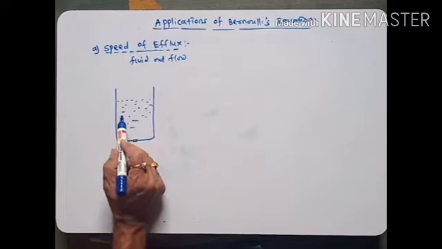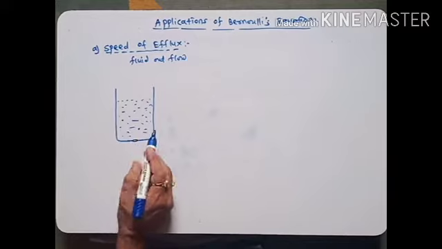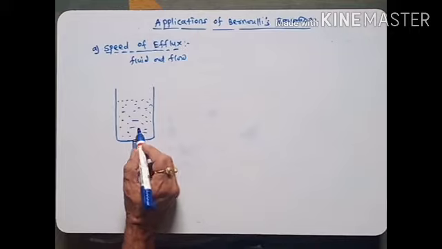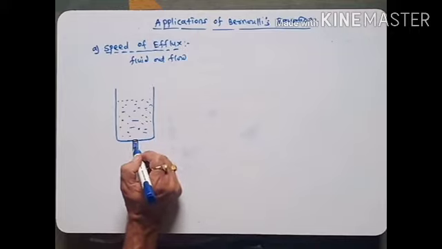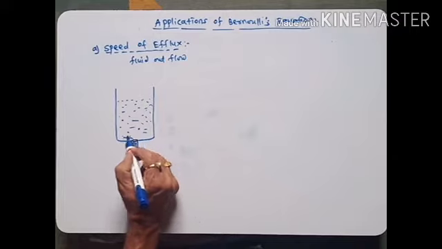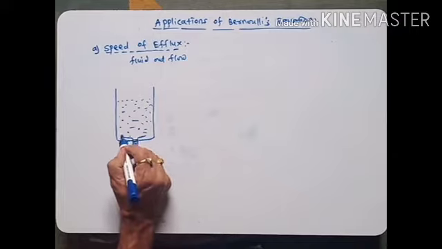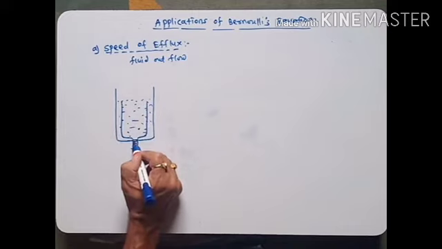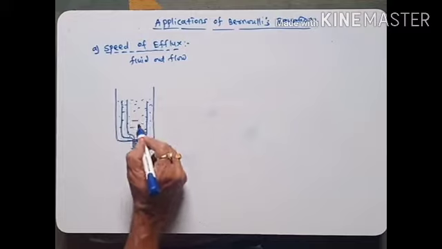Now through this small opening it comes out. Suppose this is the flow of fluid in the downward direction. You can see different layers; we have shown only 2 layers.